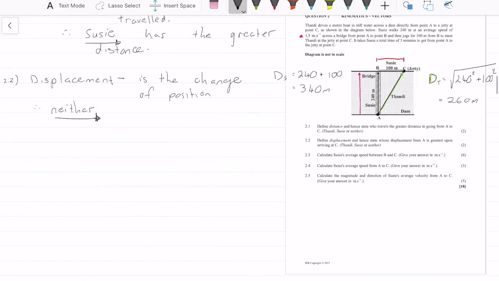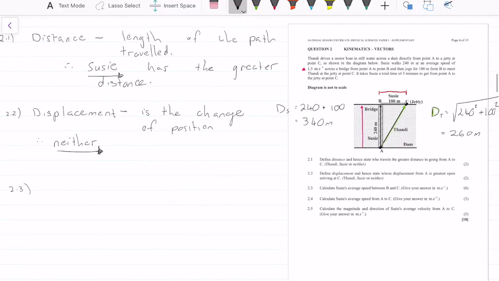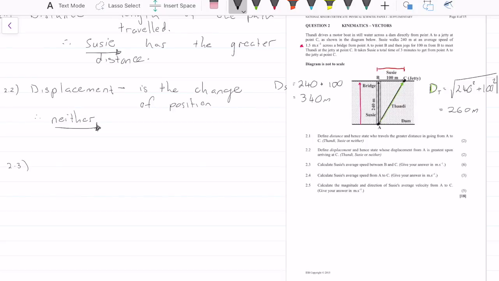Okay, question 2.3. Calculate Susie's average speed between B and C. So we're looking for Susie's average speed. What information are we given? We're given that T total is equal to 3 minutes, which is equal to 3 times 60 seconds, which is equal to 180 seconds.